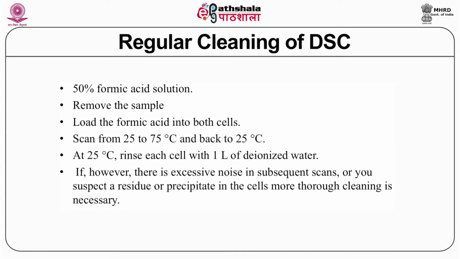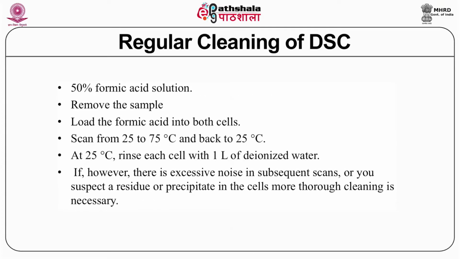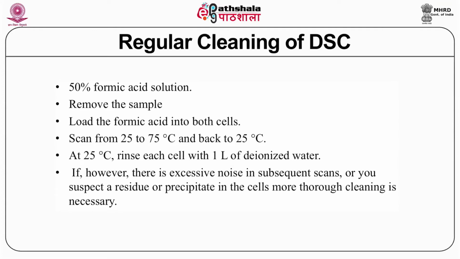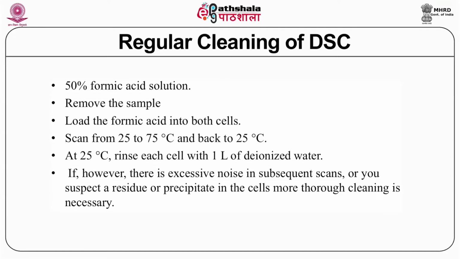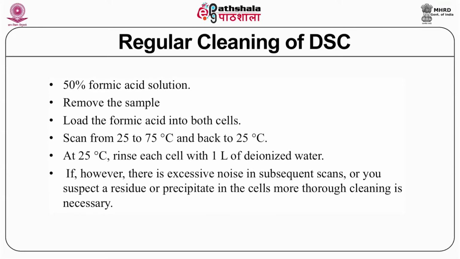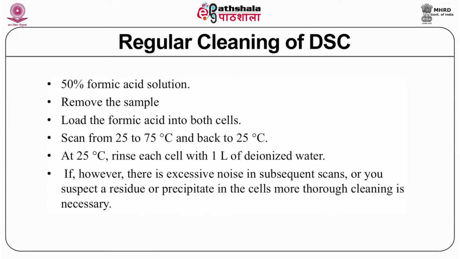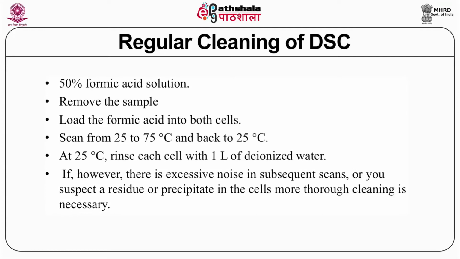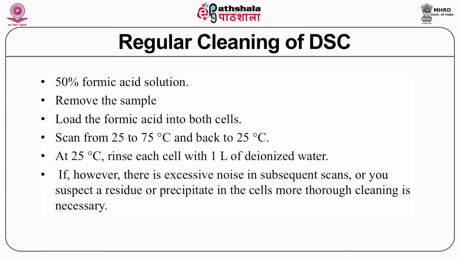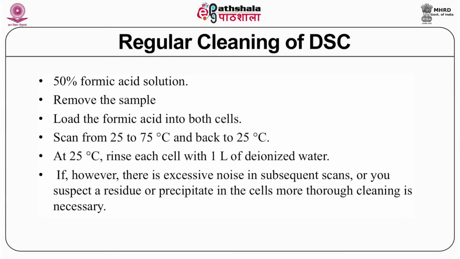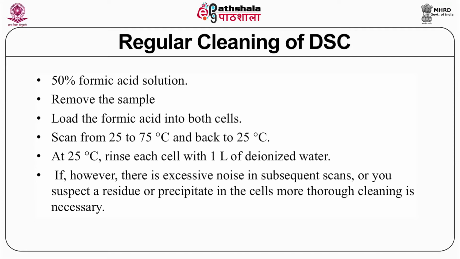Then the regular cleaning of the DSC cell is important. As mentioned earlier, you have to wash it with 50% formic acid, then clean it properly, then use deionized water, and repeat the cleaning a number of times so that you can get a clean sample.